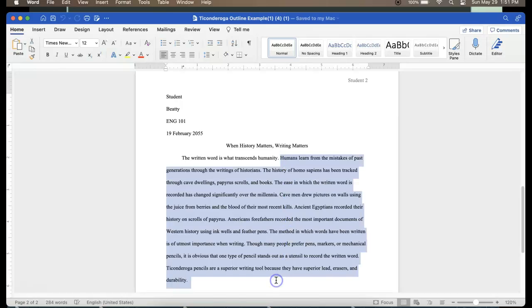Now this is the introduction paragraph for an essay about why Ticonderoga pencils are superior to other pencils. Now, what I want you to notice is I start an introduction paragraph like a funnel. It starts really big, a broad idea, and then it narrows down as the paragraph goes along.